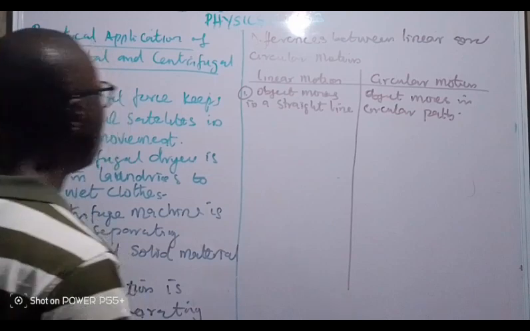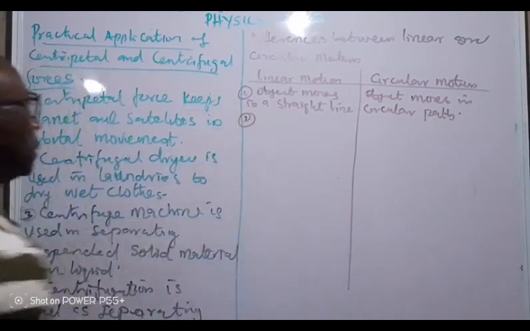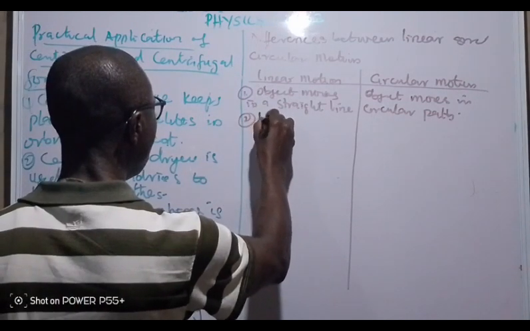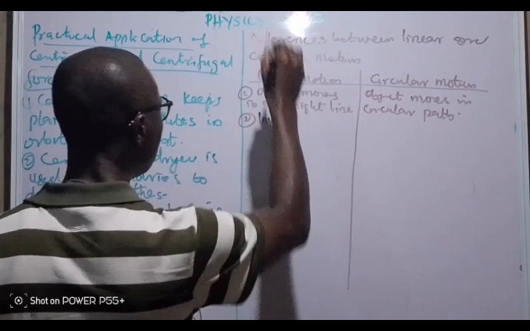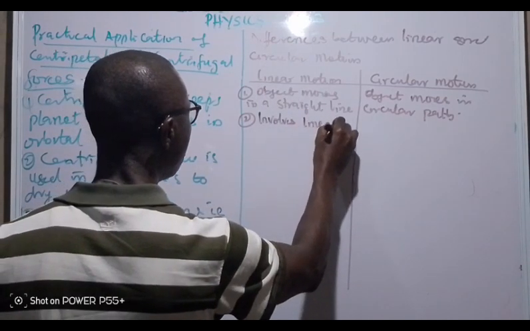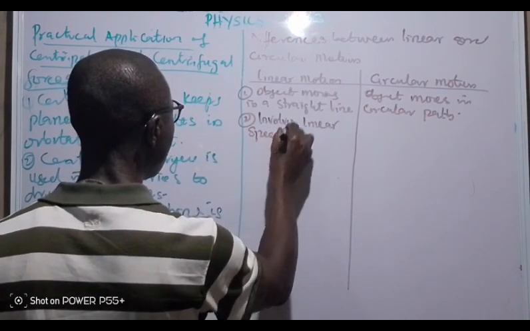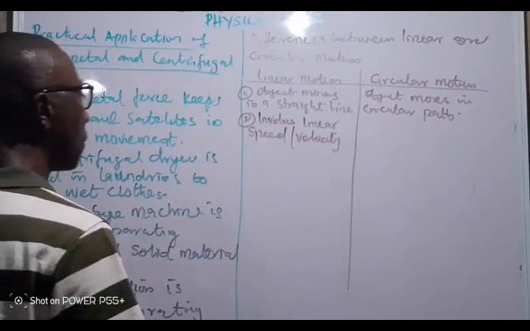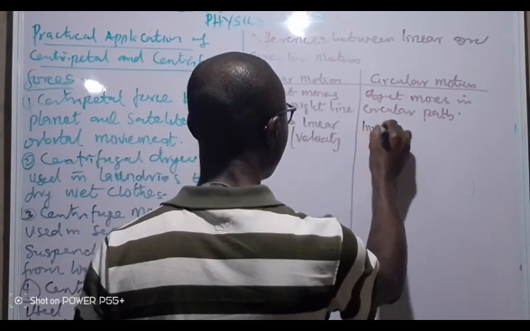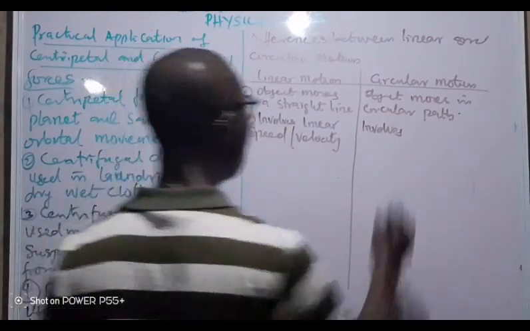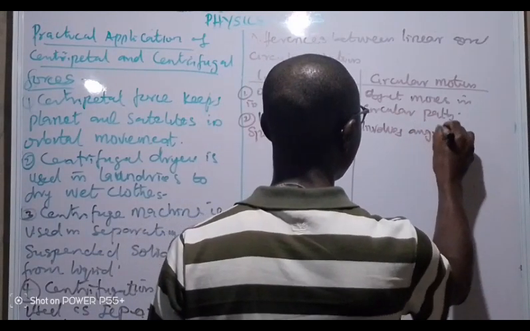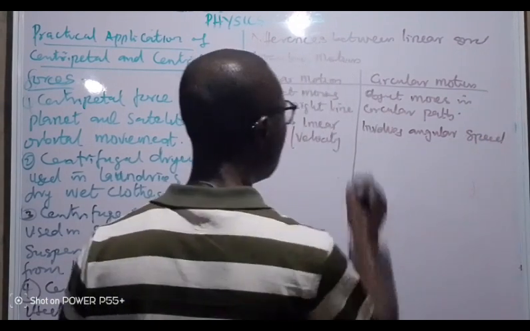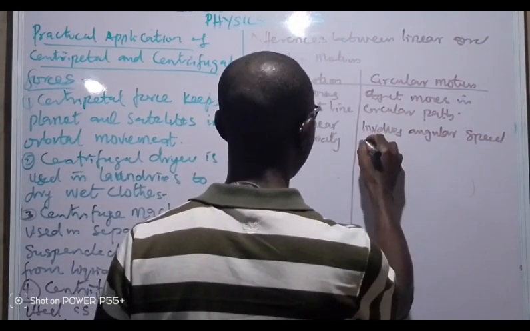Point number two, linear motion involves linear speed or velocity, while circular motion involves angular speed or angular velocity.